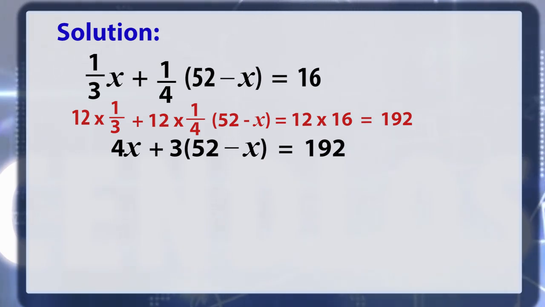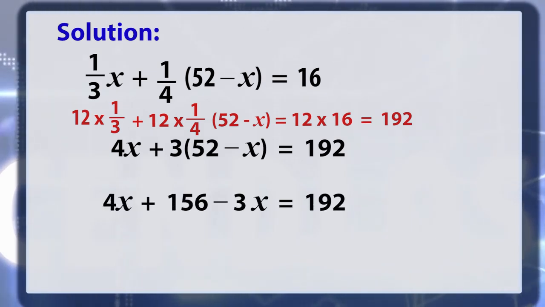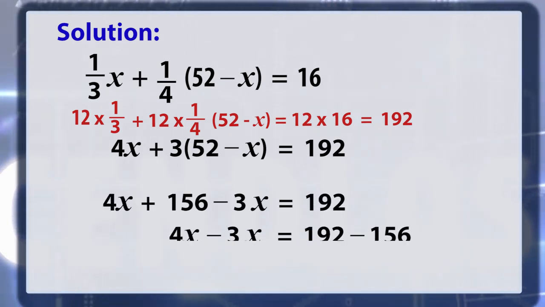So we have 4x plus 156 minus 3x equals 192. We group like terms now. So we put the x together, and then we also put the numbers together. So we have 4x minus 3x is equal to 192 minus 156. And so that will give us x is equal to 36. There are 36 boys in the class.